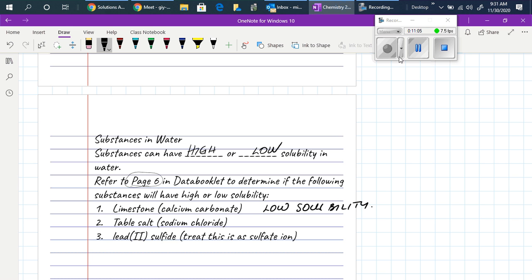Table salt is sodium chloride. So we'll go to chloride, which is on the 4th column of the ions, and then we will see that it's soluble for most of them except for copper, silver, Hg2, Pb, and Tl. So sodium is among the most. That means that we will have a high solubility.